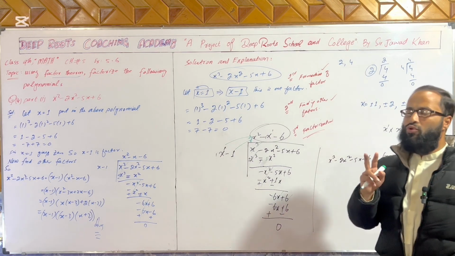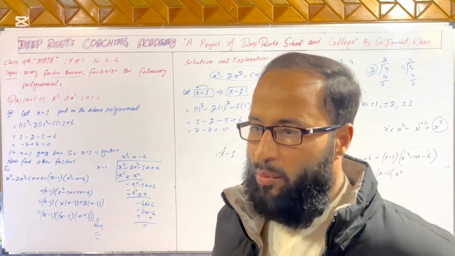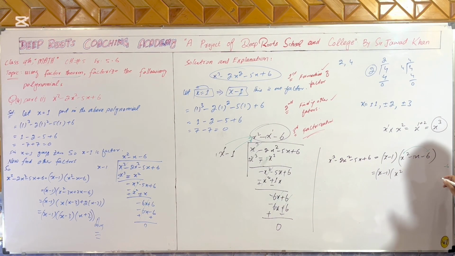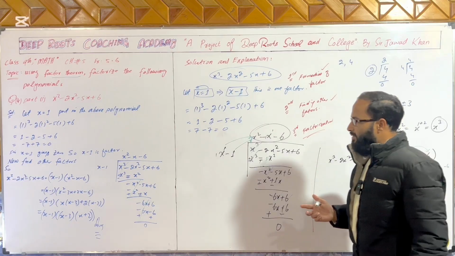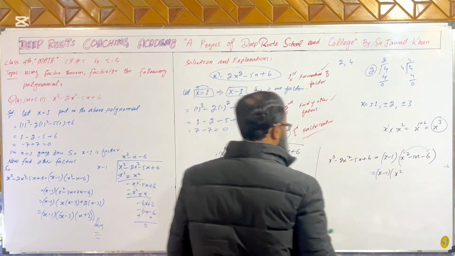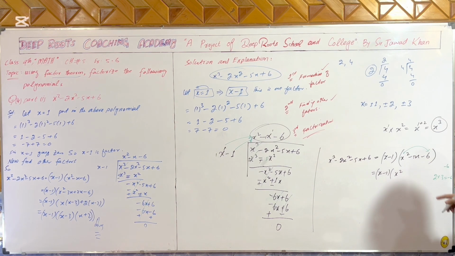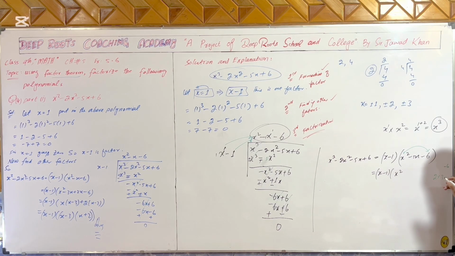Now find those 2 numbers from the multiplication of which we get minus 6. So 2 3s are 6. And from the addition and subtraction, it gives us minus 1. So I will put here minus with 3. So 2 3s are minus 6, and 2 minus 3 is equal to minus 1. So that is the correct process.